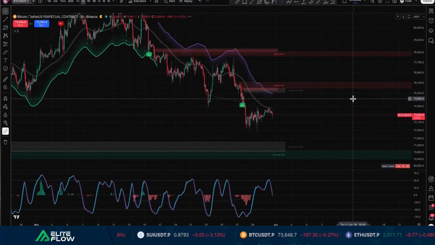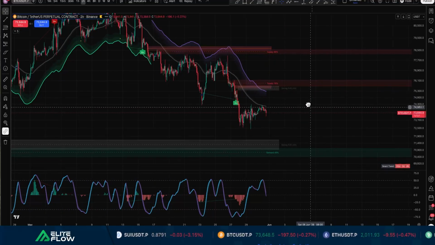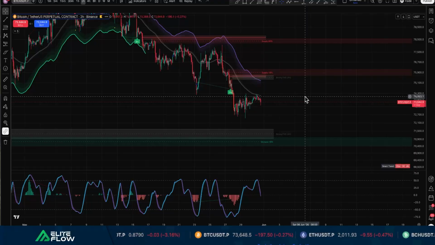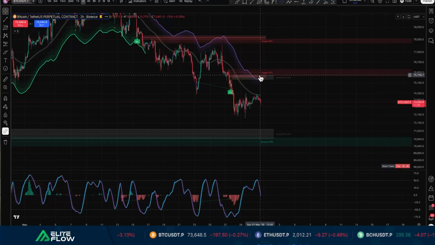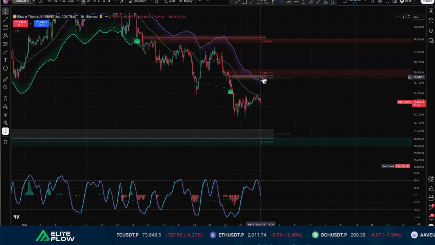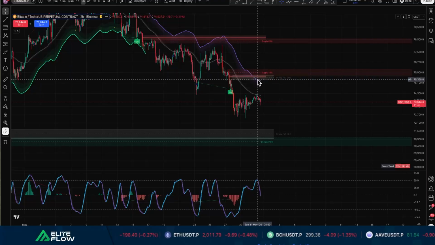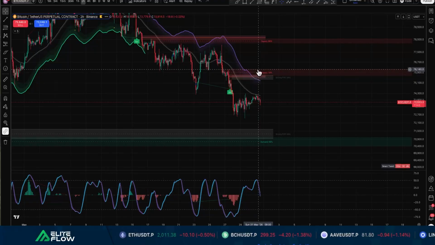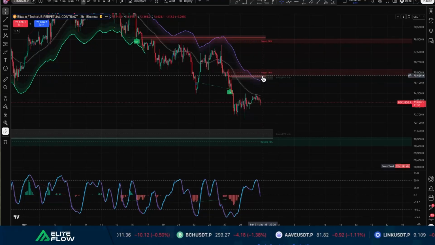Okay, this is going to be a high probability trade. We're not going to win 100% of the trades, but this is a trade that has a bunch of stuff going on exactly on this price area between 75,500 and 76,000. Okay, this is going to be where I'm going to be looking.